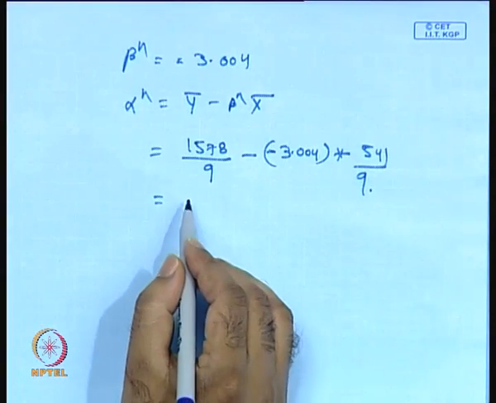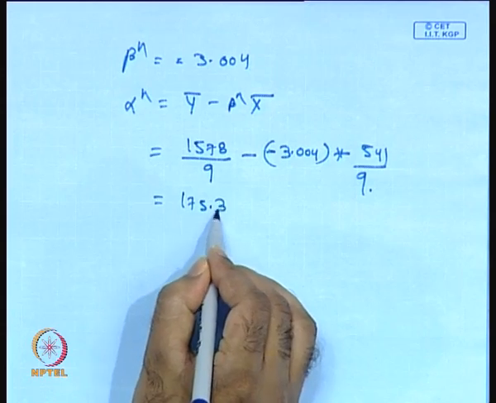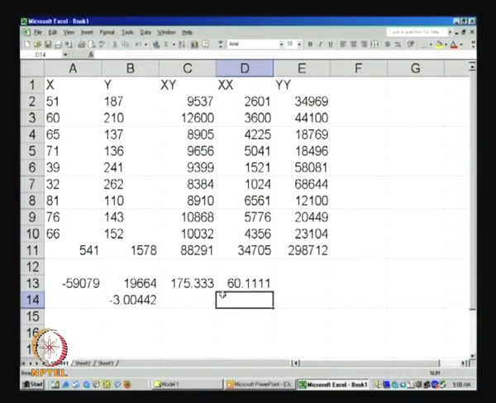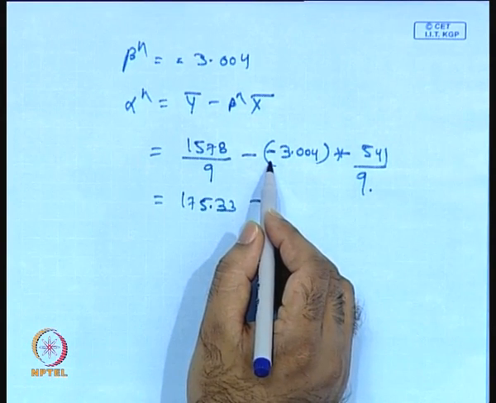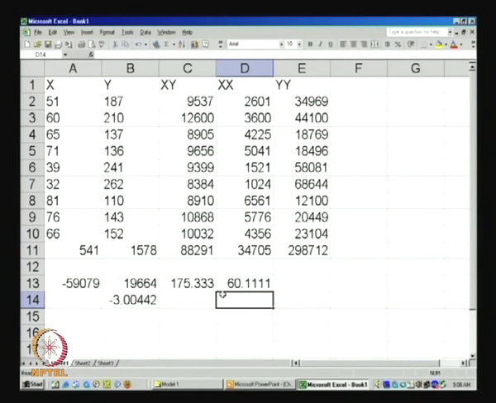So that means this is 175.33, minus, and this is minus 60, so minus and minus is plus. So this is equal to minus 3.004 multiplied by this particular item. Okay, so this is coming 180.